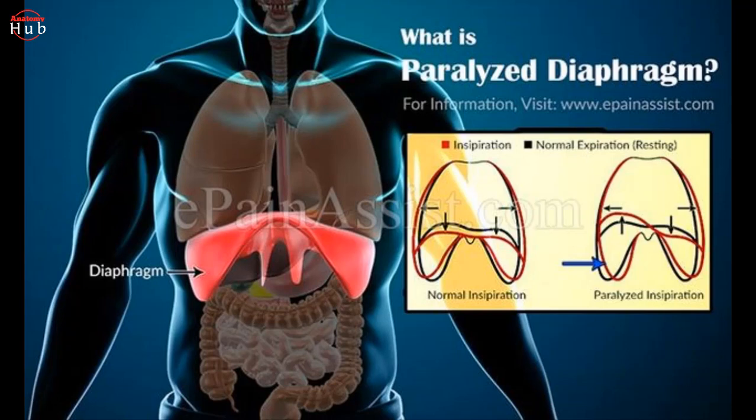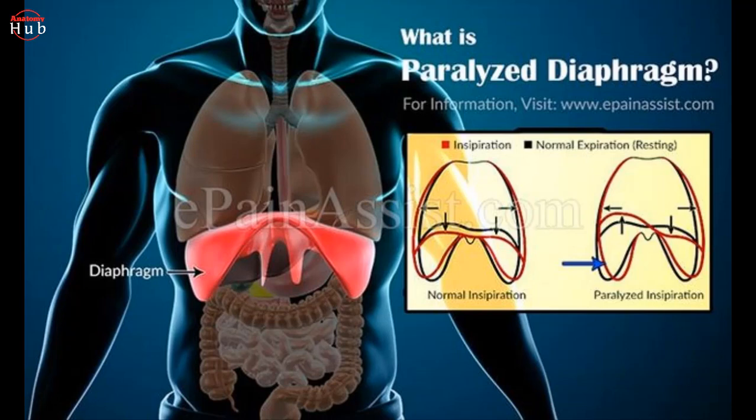Most often you will see in patients that it is due to a lesion of the phrenic nerve. So what are the lesions? We can divide these lesions into four types: mechanical trauma, compression, myopathy, or neuropathy. What is mechanical trauma? That may be due to ligation or damage to the nerve during surgery.